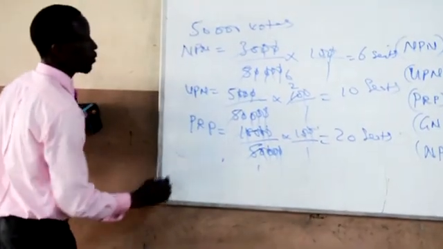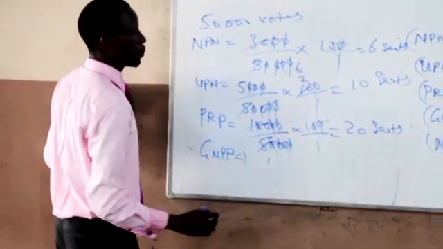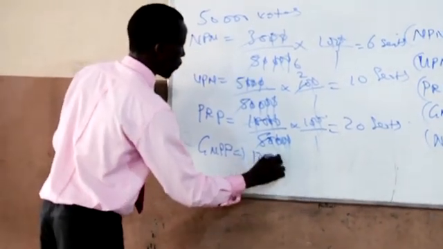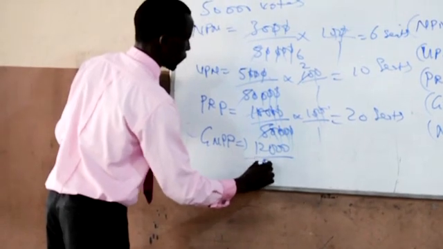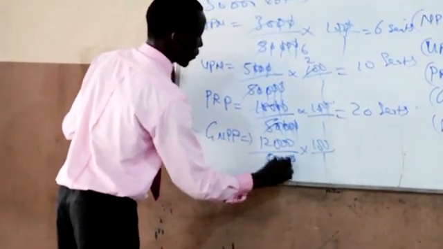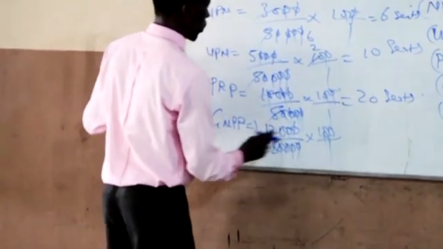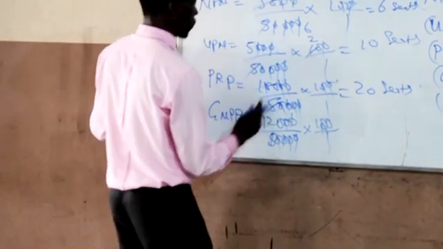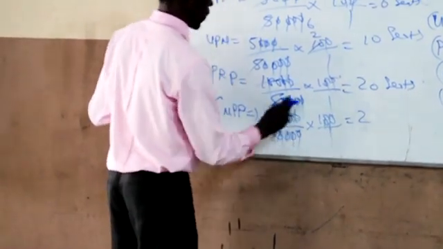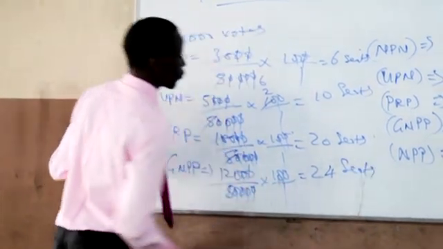And then you have the GNPP. The GNPP has 12,000 votes over 50,000 multiplied by 100 over 1. So you are left with 120 divided by 50, which gives you 24 seats.